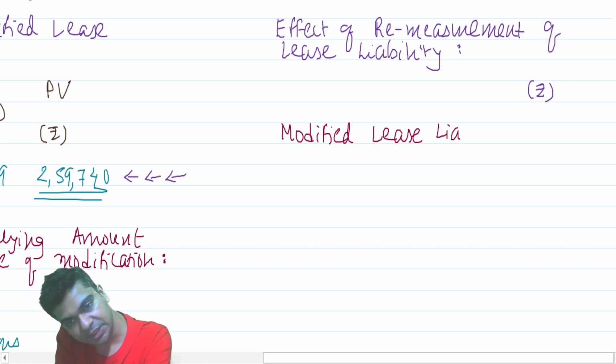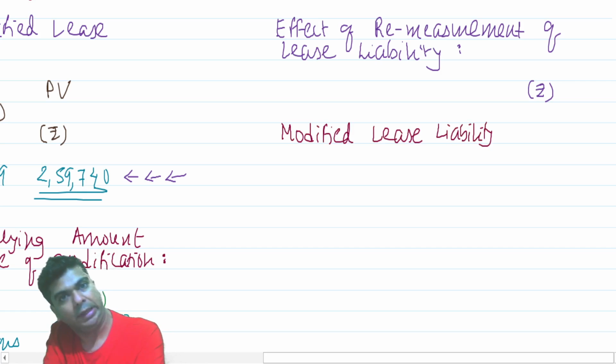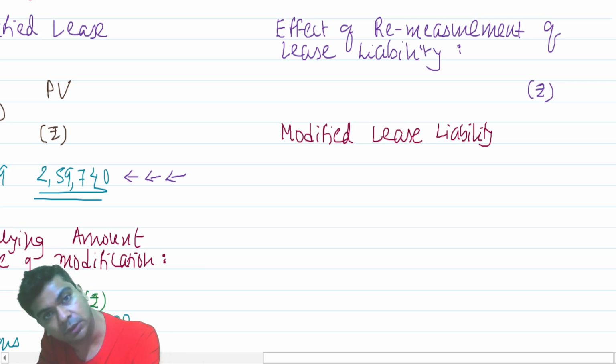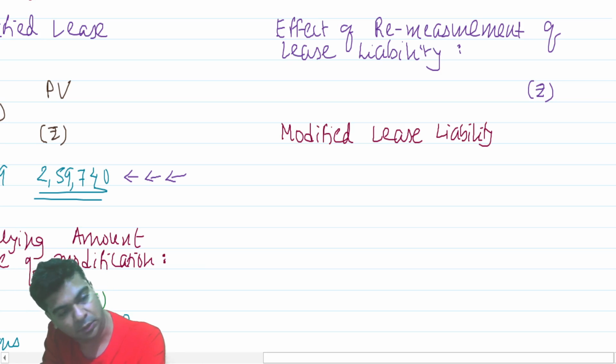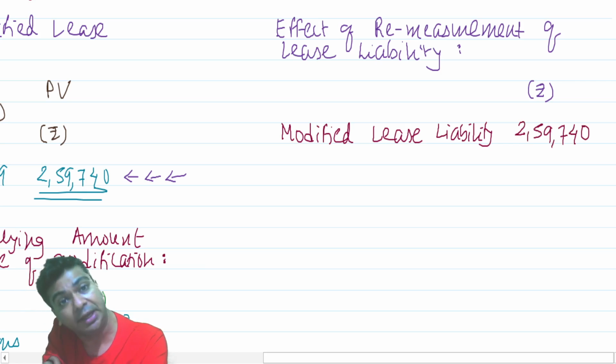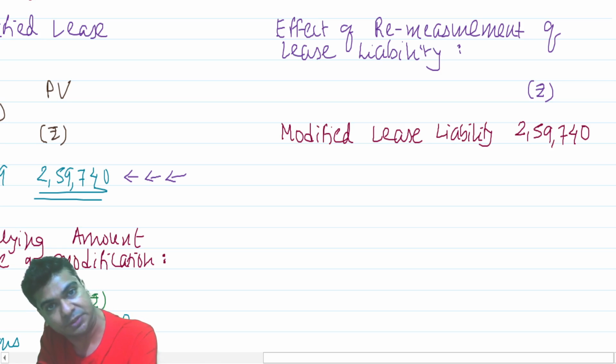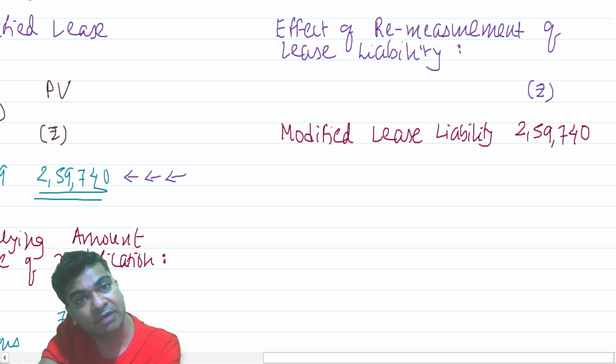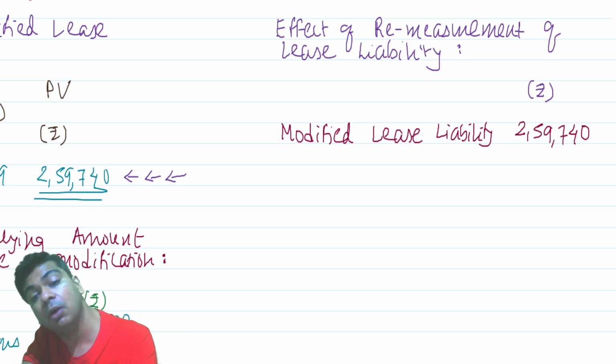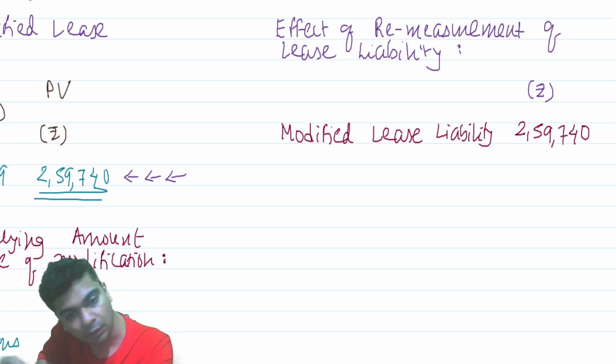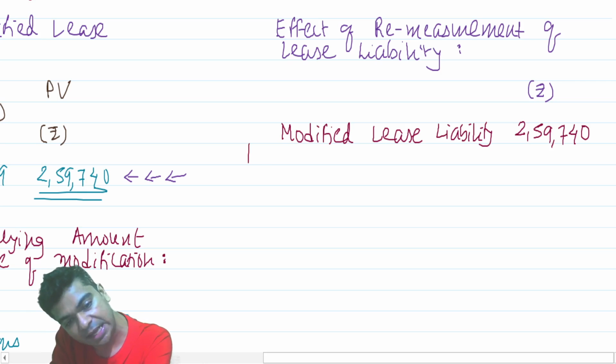Modified lease liability. The new terms are 60,000. The new discount rate is 5%. Considering that, in my books now the lease liability should be 2,59,740. This I will compare with the balance of the original lease liability.